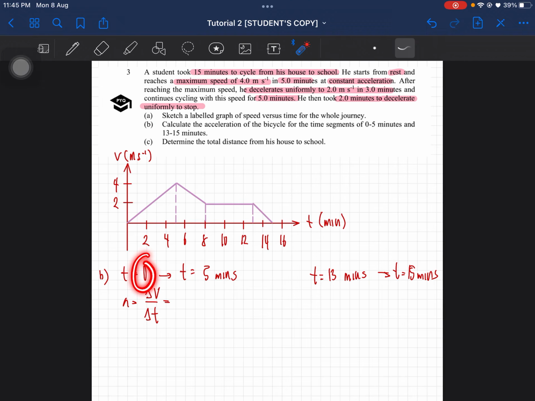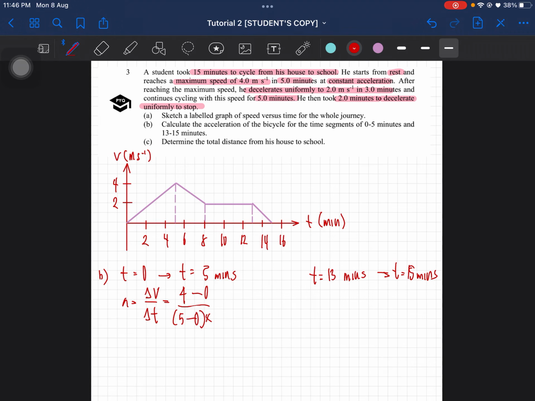So from 0 until 5 minutes, the velocity is 0 and 4. Okay, so the final velocity is 4 minus the initial velocity. Final minus initial, we need this to be in seconds. So we have to multiply this with 60. Okay, so you will get 0.013 meter per second square. Okay, so that is the acceleration.